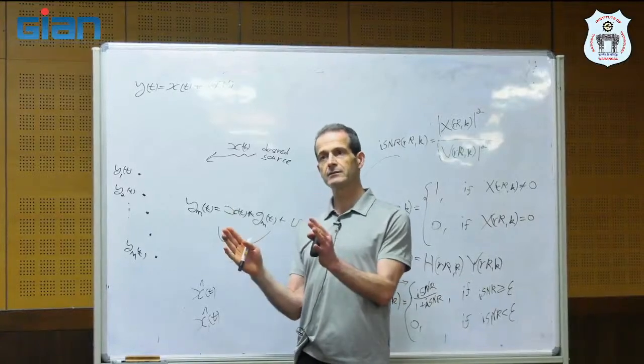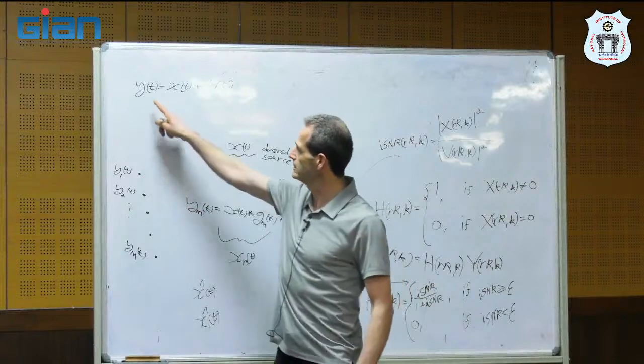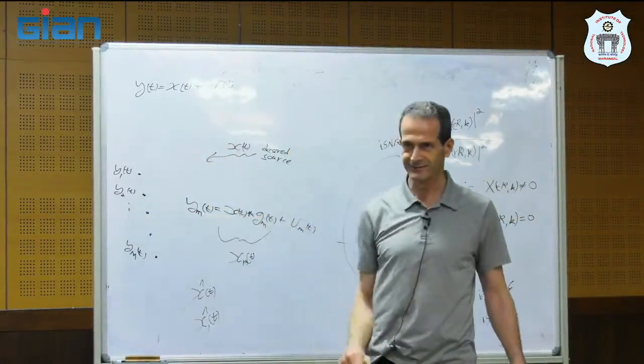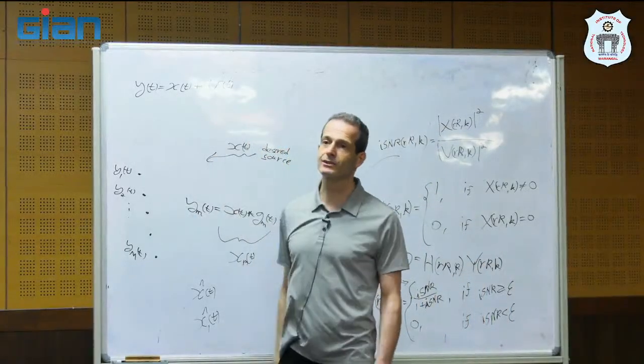So I start with one of the sensors. You see, with the single sensor problem, I cannot choose a reference sensor because I have one. So I take this sensor, I try to suppress the noise.